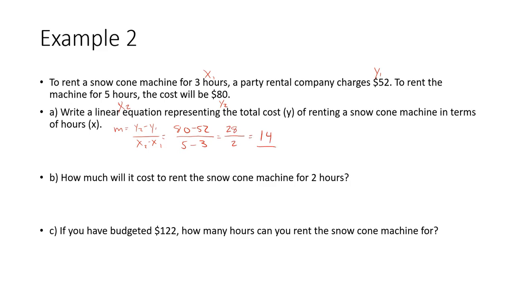And so we have our slope. To find the y-intercept, we then just want to take our slope and one of our points and solve for b. So y equals 14x plus b. If we use our first point, y is 52, and x is 3.